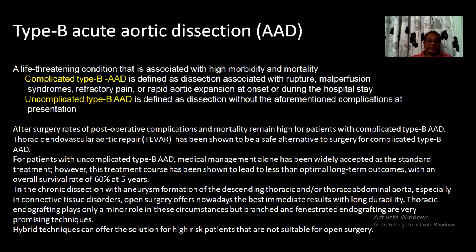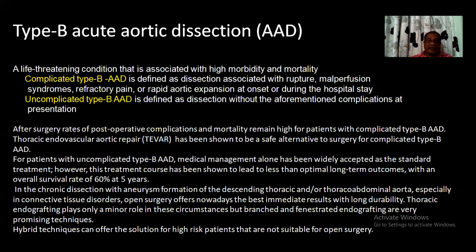So what is the result after surgery? After surgery, rates of postoperative complication and mortality remain high for patients with complicated type B acute aortic dissection. Thoracic endovascular aortic repair, that is TEVAR, has been shown to be a safe alternative to the surgery for complicated type B acute aortic dissection.